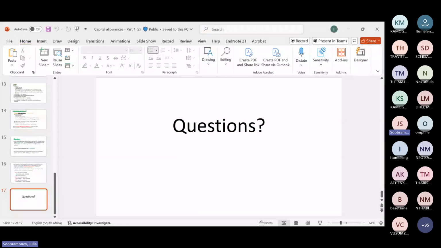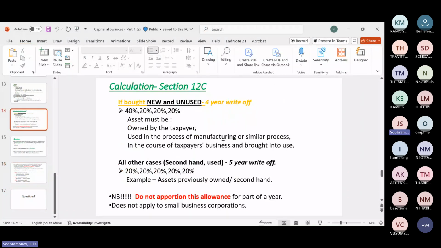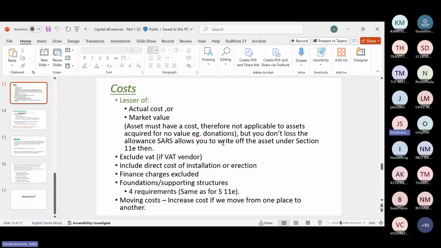So let's go back to the slide. Okay. So this is for section 12C, right? The rule says it will always be the lesser of actual or market value. So in a question, if you see that there's a cost price and there's a market value, then for tax purposes, the value of that asset will be the lesser one. So let's put amounts to it.